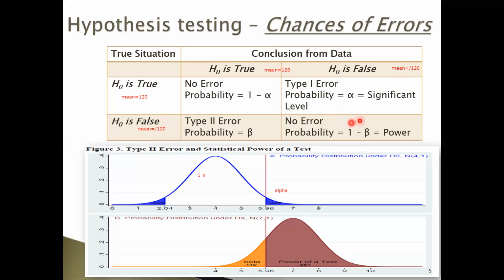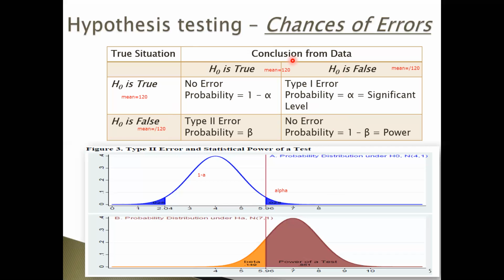So what we are doing is accepting the alternative hypothesis when it is true, or we can say we are rejecting the null hypothesis when it is false. This is called 1 minus beta, and 1 minus beta is also called the power of the test, which implies the probability of rejecting the false null hypothesis. This is the power of the test.